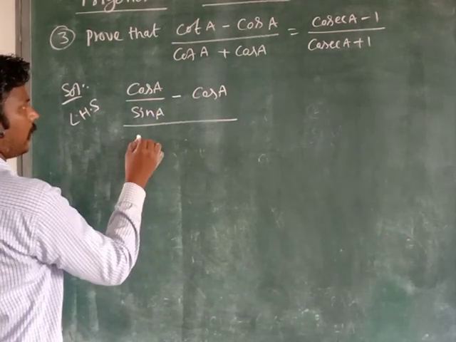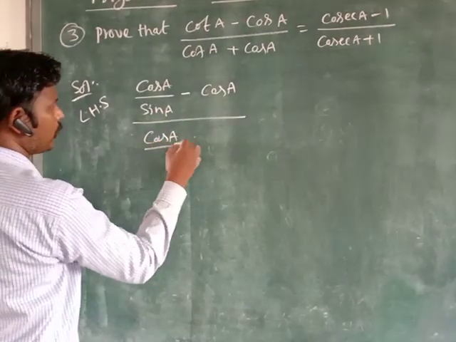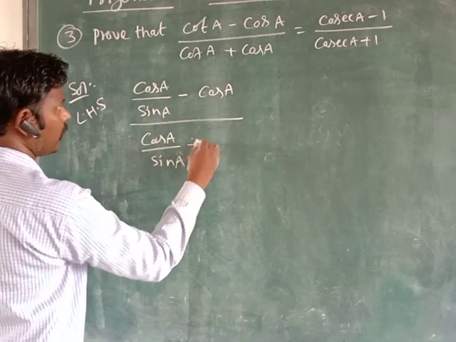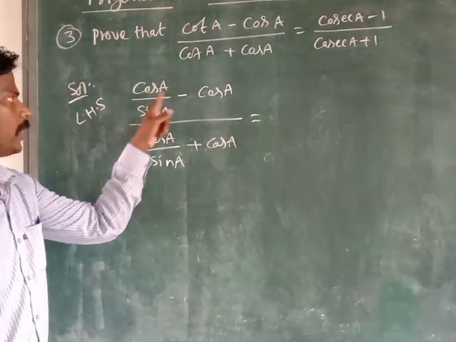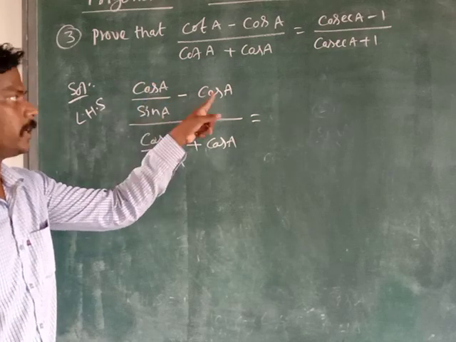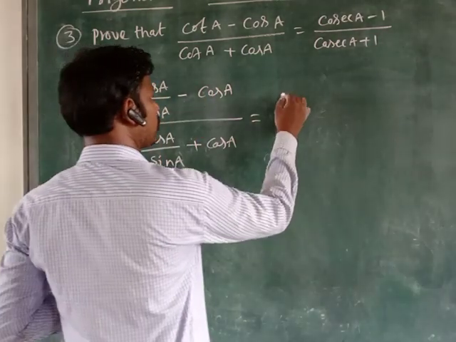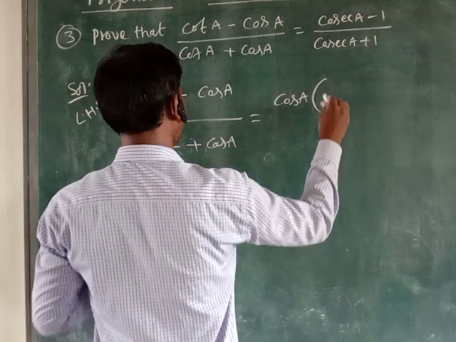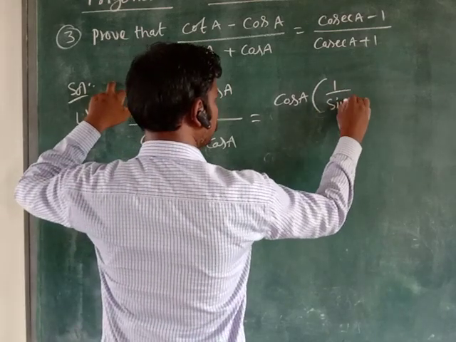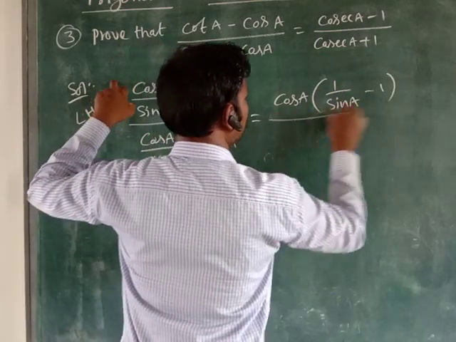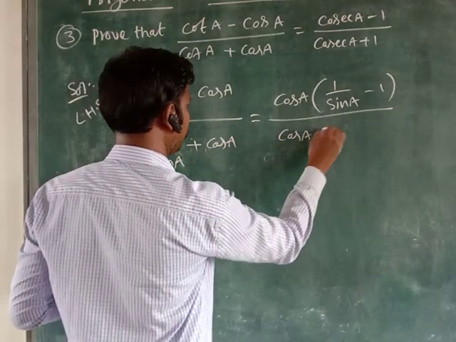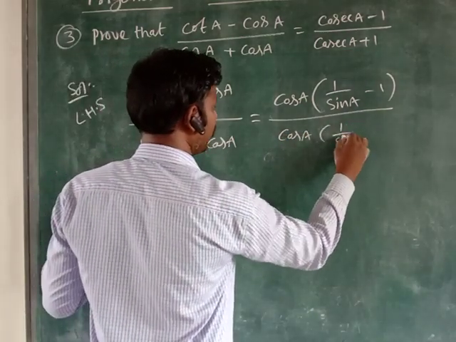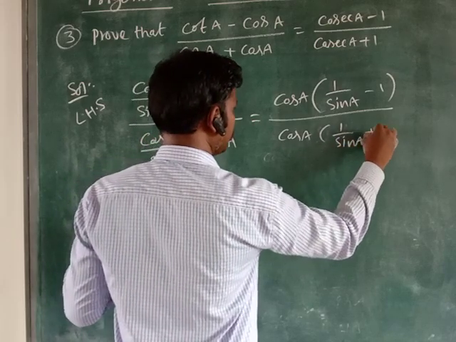Okay. Cot A again, how to write? Cos A by sin A minus cos A, over cos A by sin A plus cos A. What is common? In the numerator, cos A is common, and in the denominator, cos A is common. So if we take it common, what is the remaining? 1 by sin A minus 1, whole by, again cos A common, 1 by sin A plus 1.